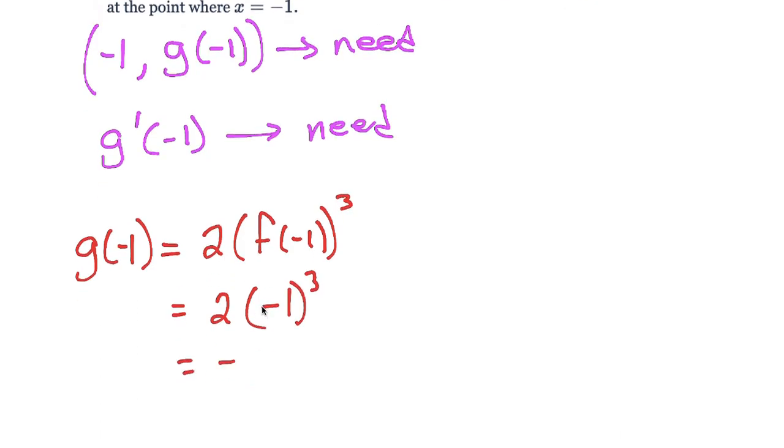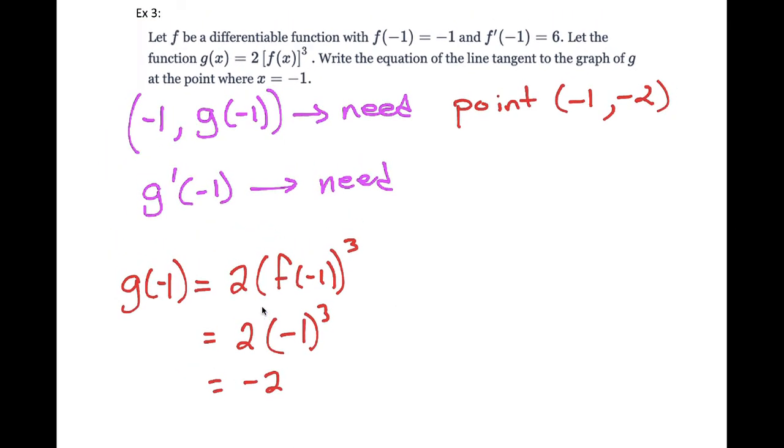So we got negative 2. So that's our point. Our point is negative 1 comma negative 2. So now we need our slope. But in order to get our slope, we have to calculate g prime of x.